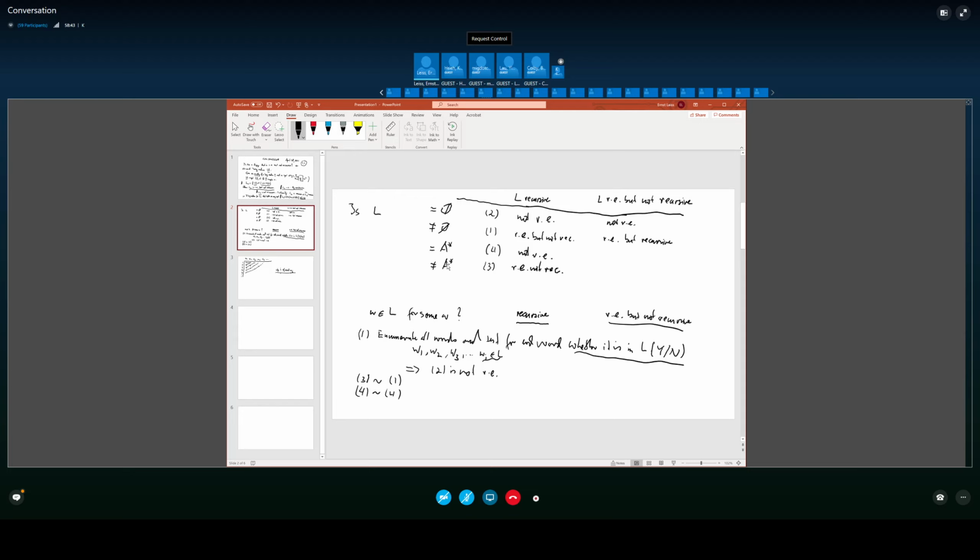We're interested in whether a word is not in the language. Is there a word that is not in L? And so that means we can't really answer that question. So this is not RE.